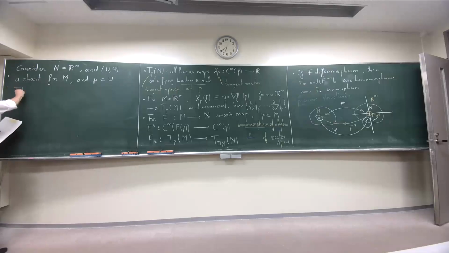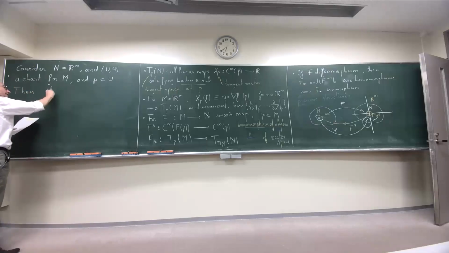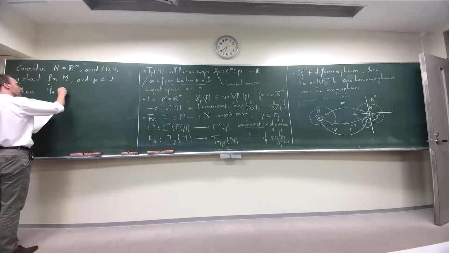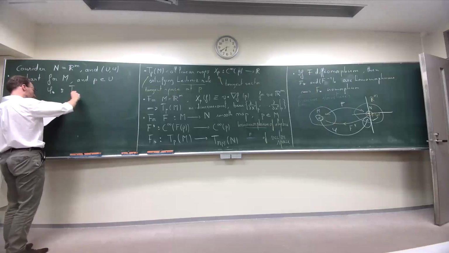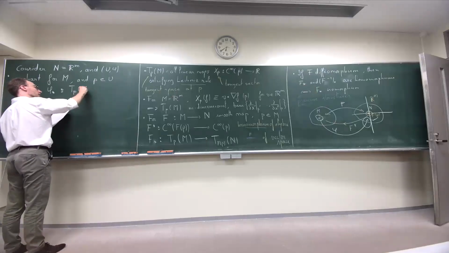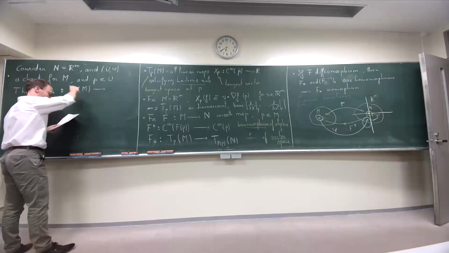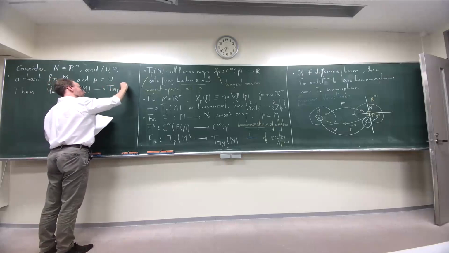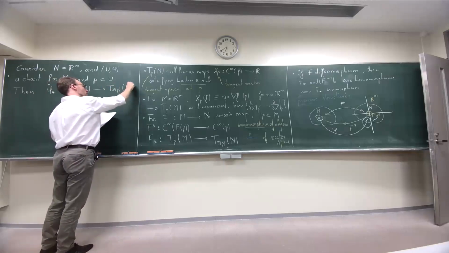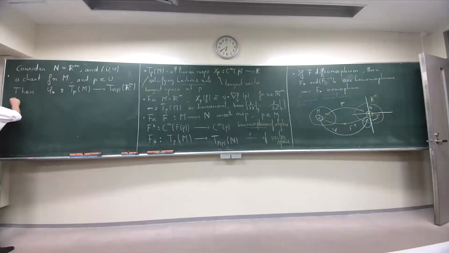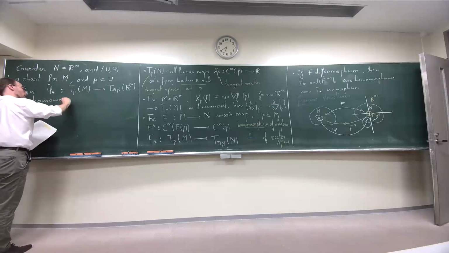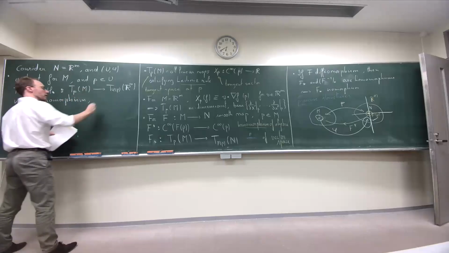Okay, then phi star. So the F is now phi. So phi star, if I just copy what is here, it goes from Tp of M, the tangent space at P for the manifold M, to T phi of P at Rm. I'm writing exactly the same. It is a homomorphism, but its inverse is also a homomorphism.